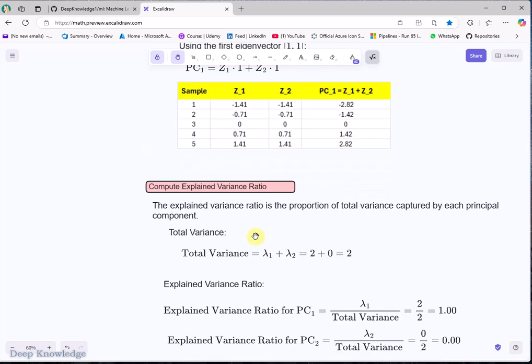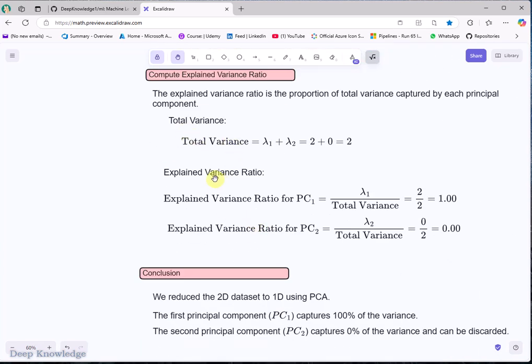And now here we have the total variance. Now we need to calculate the explained variance ratio for principal component 1, which is how much this principal component represents the data. As you can see here, this is the equation: lambda 1 divided by total variance. It will be 2 divided by 2, which is 1. So it will be 100%.